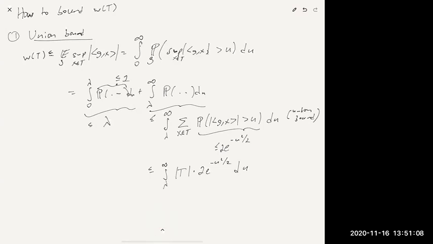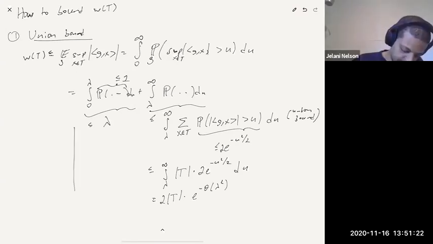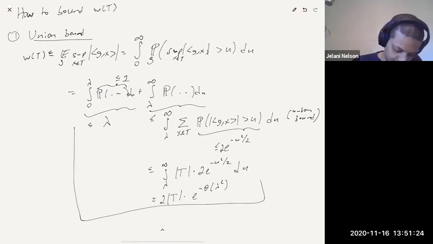And this is going to be some 2 times the size of T times e to the minus theta of lambda squared. So now overall, putting everything together, it's at most lambda plus the size of T times e to the minus theta lambda squared.